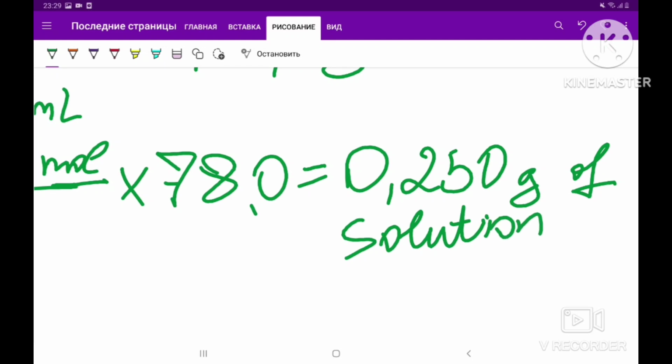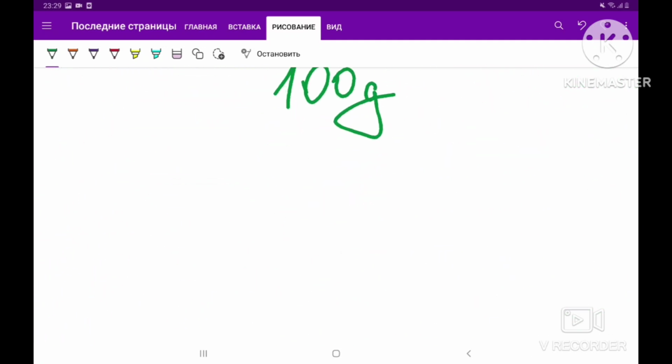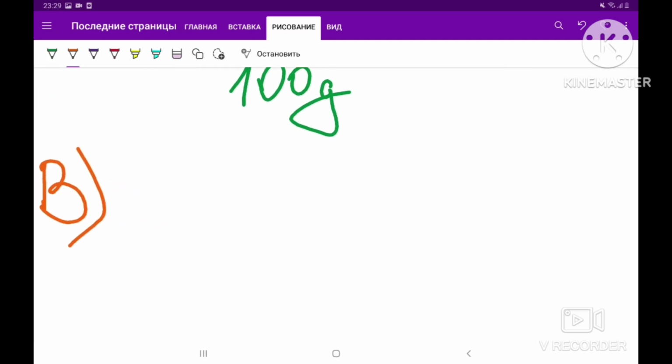What we do next, that was for solution A. Let's calculate it for solution B. For solution B, we said omega was 27%. Let's consider that we have 100 gram of solution, and then there will be 27 gram of potassium hydroxide.